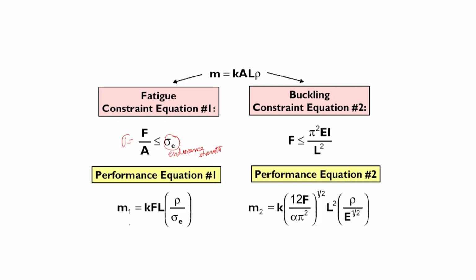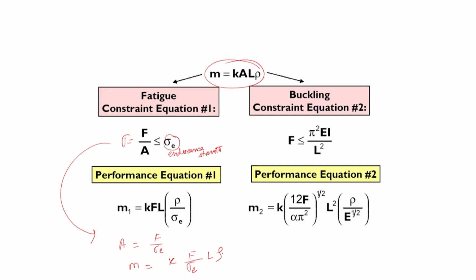In other words, from this expression I know that area is nothing but F over sigma E, and then I can replace it in this equation. So, then the mass will be what? Mass will be K F over sigma E L rho. Let us write this sigma E here, it is a subscript. Okay.